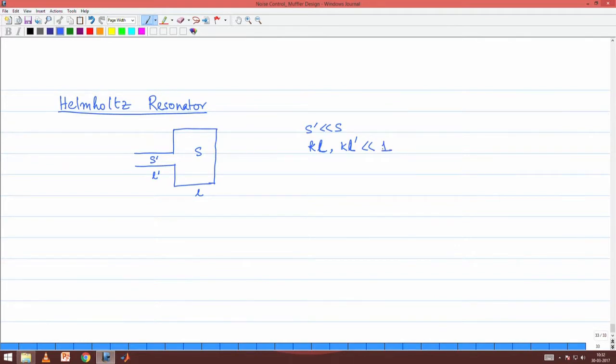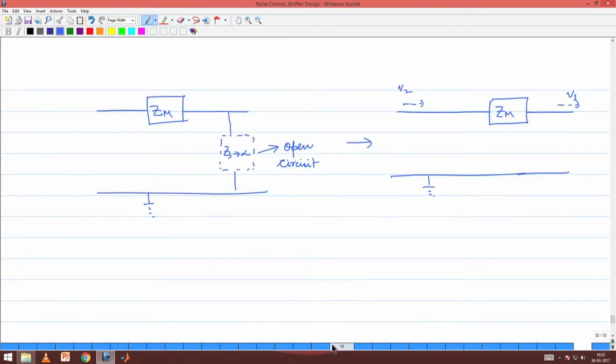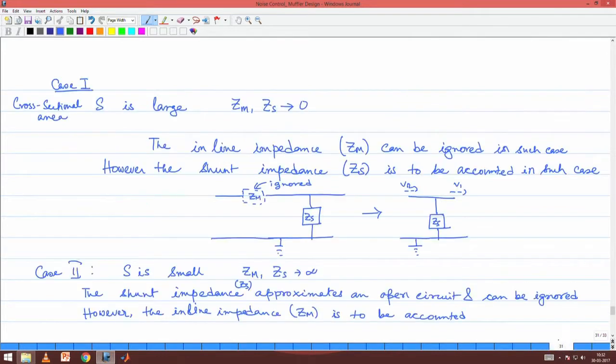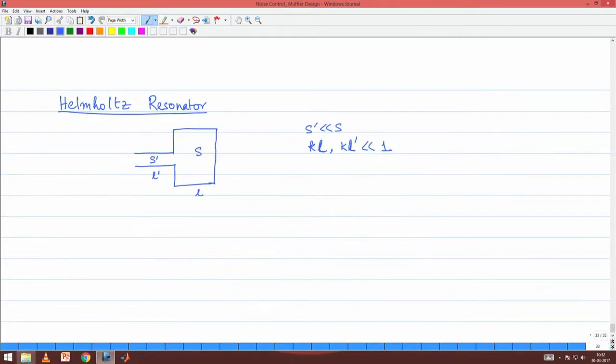Therefore, lumped analysis is valid, and what we have shown is that when S is large we should have the effect of a spring, and when S is small we should have the effect of a mass. So, intuitively at this stage we are ready to understand that this volume will behave like a spring and this volume will behave like a mass, right.